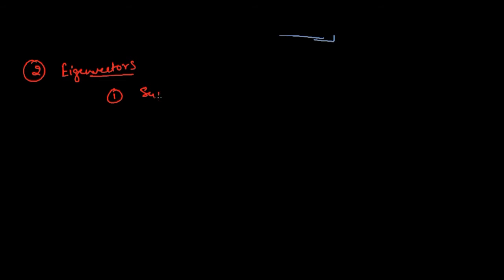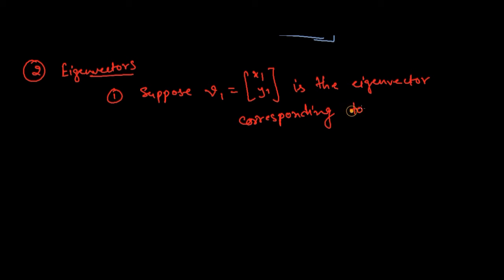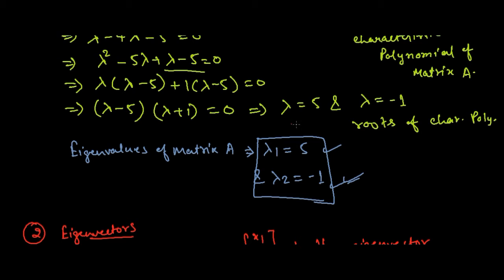Suppose v1 equals (x1, y1) is the eigenvector corresponding to lambda 1, and we have lambda 1 equals 5. So we want to calculate the eigenvector corresponding to the eigenvalue lambda equals 5.